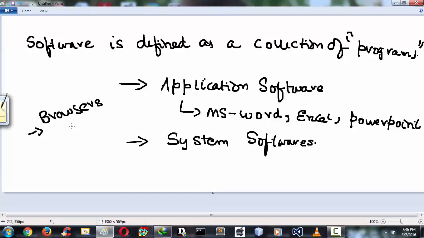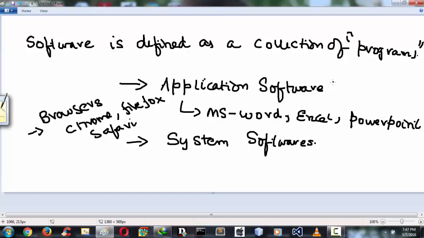Chrome is hugely popular and a high-performance application for browsing websites. We also have Firefox, which is mostly used by developers, and Safari from Apple. Browsers are also considered application software. We also have player software like VLC media player.